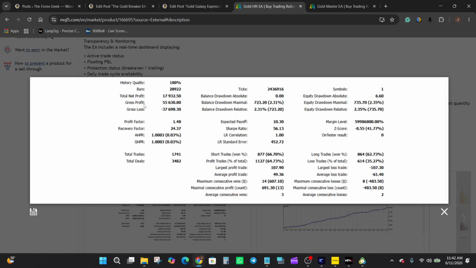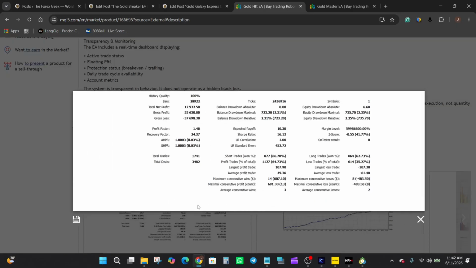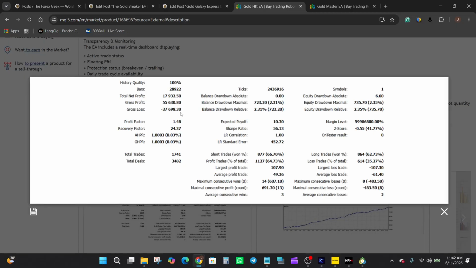So we can see that the total profit made in this example was $17,932.5, although I can't find the initial deposit here. The profit factor is 1.48. Total trades 1,741.